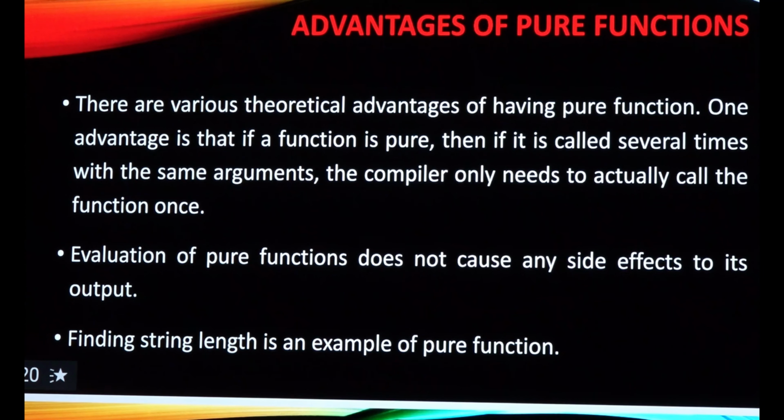One advantage is that if a function is pure, then if it is called several times with the same arguments, the compiler only needs to actually call the function once. Evaluation of pure functions does not cause any side effects to its output. Finding string length is an example of a pure function.